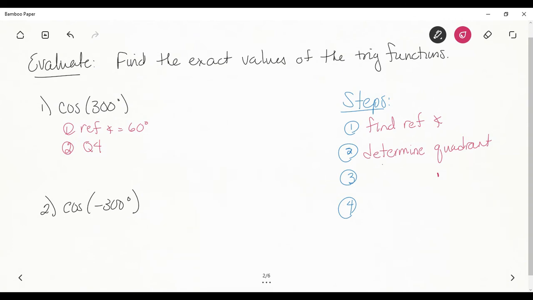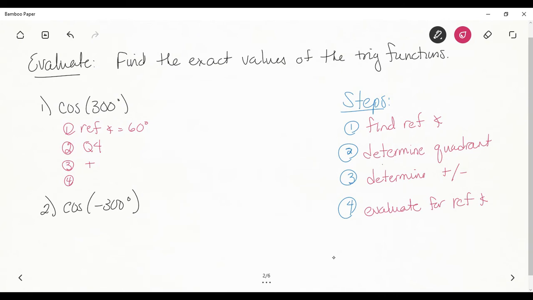Step 3, based on that quadrant and based on the ratio that you have, we want to determine if our value is positive or negative. So in 300 degrees, cosine in quadrant 4, is that positive or negative? And that answer is positive. So finally, step 4, we're going to evaluate for our reference angle.